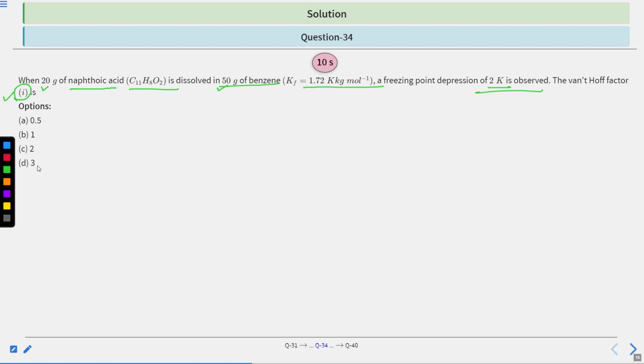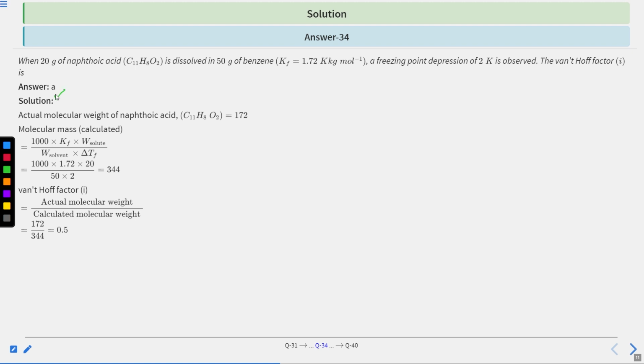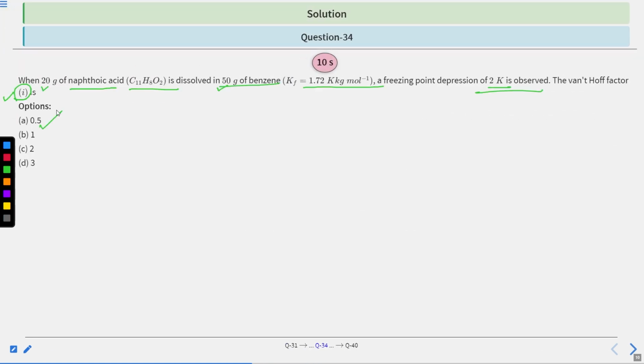So you have 10 seconds to solve this question. After that, we will see what will be the answer. Okay, so the correct answer is option A, that is 0.5. So let's see how.